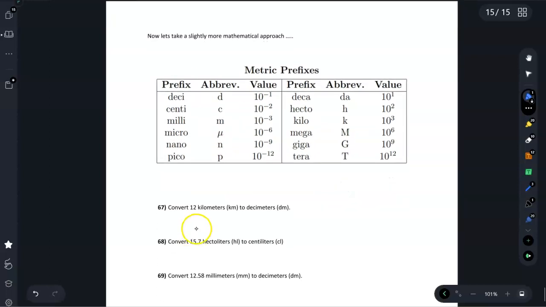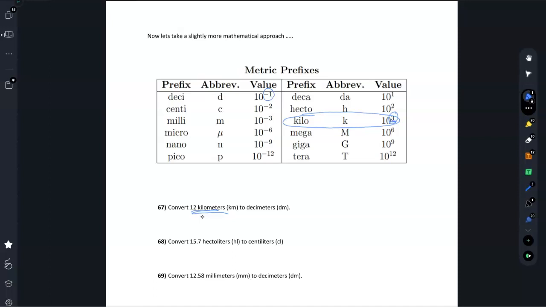And then the more mathematical approach was, all we're doing is subtracting exponents. So if I'm starting with 12 kilometers, kilometers is here, which the exponent is 3. And I'm going to decimeter, which is here, -1.